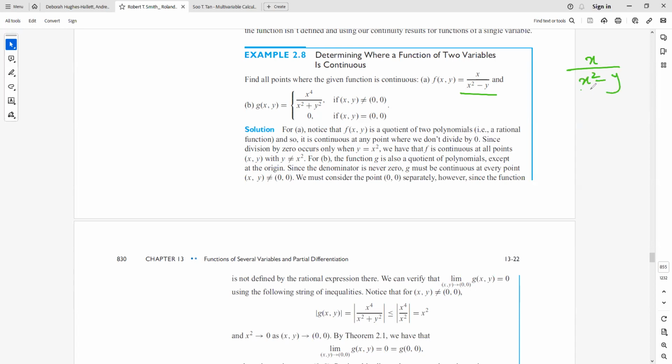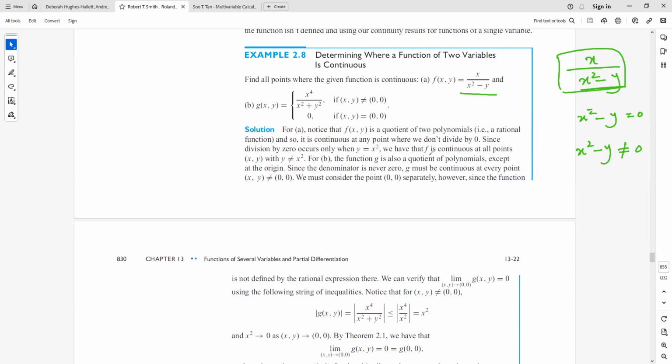So if x squared minus y is equal to 0, then the value of this function is infinity, so the function is not continuous at that point. So the first thing is that this should not be equal to 0, right? Because we know that the denominator cannot be 0 for continuity.